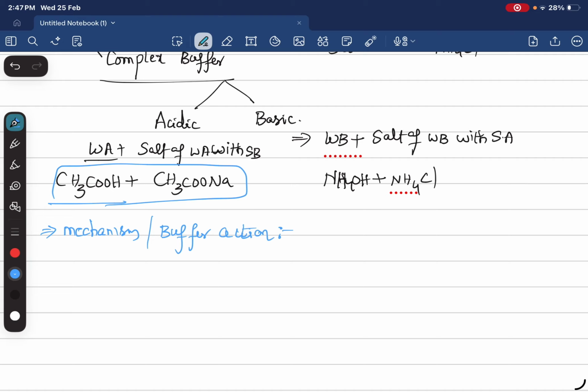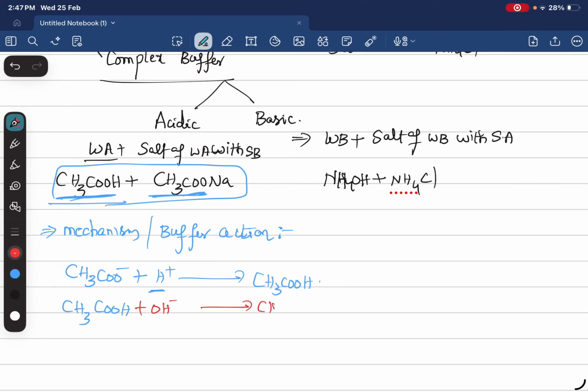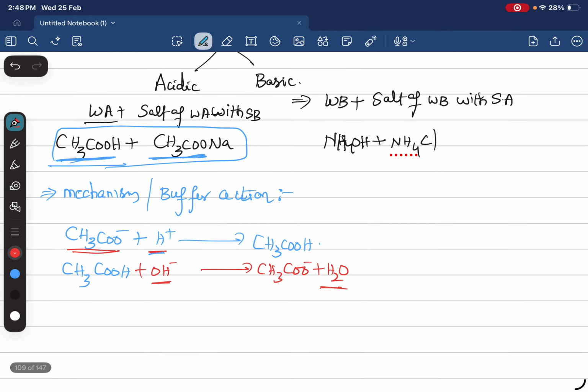So here, if we add acid, the CH3COO minus from this salt accepts H plus and becomes CH3COOH. That means the added H plus is neutralized. Same way, suppose if they add base, CH3COOH takes OH minus and becomes CH3COO minus and H2O. So whatever added OH minus is there becomes H2O, meaning neutralized. Whatever H plus is there will be neutralized with the salt ion CH3COO minus.